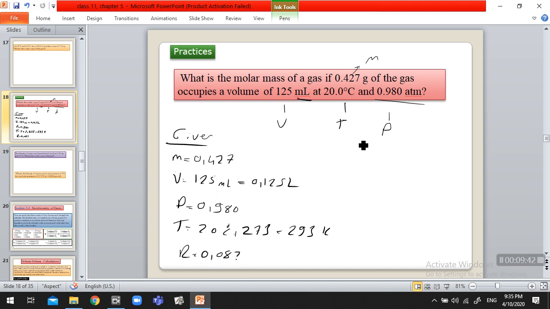Let's use the same formula as the last question. Molar mass equals mass times R times T over PV.